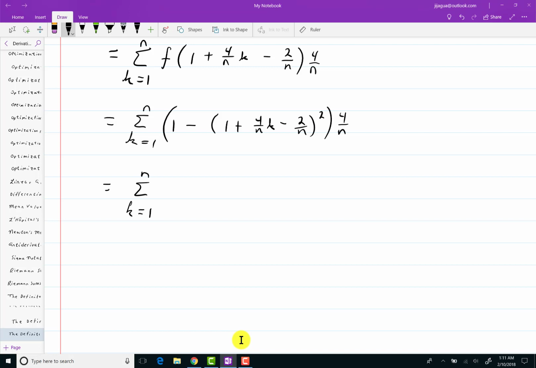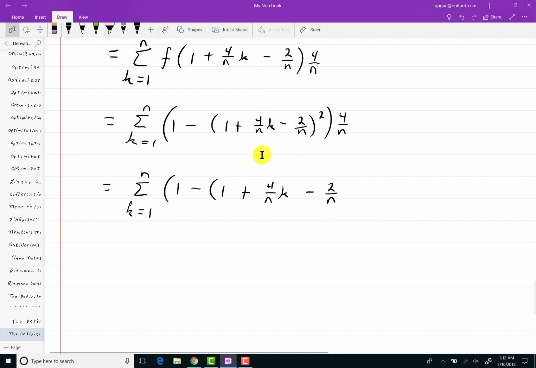I'm going to FOIL this out. Don't forget to put your minus. Start yourself a parenthesis so you don't forget that it's going to apply to all the things inside of here. When I do the 1, I'm going to have to do 1 times itself. Then I'm going to have to do 1 times 4 over nk, and then 1 times negative 2 over n. And then I'm going to have to redo the whole thing with 4 over nk.